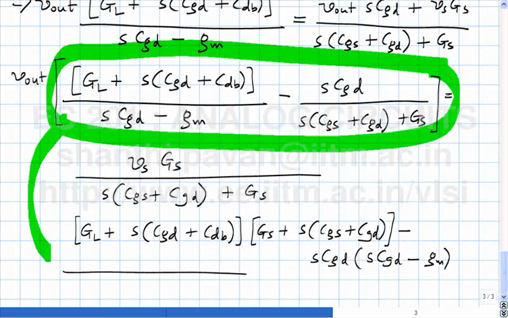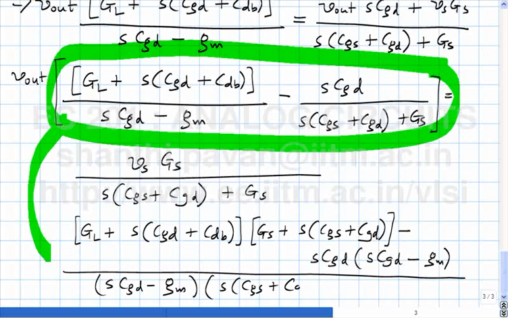That's the numerator. And the denominator is SCGD minus GM times S times CGS plus CGD plus GS.